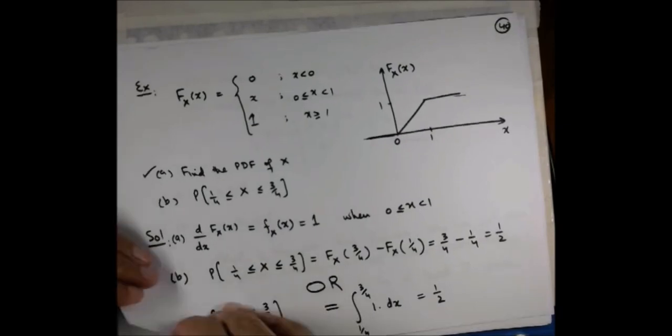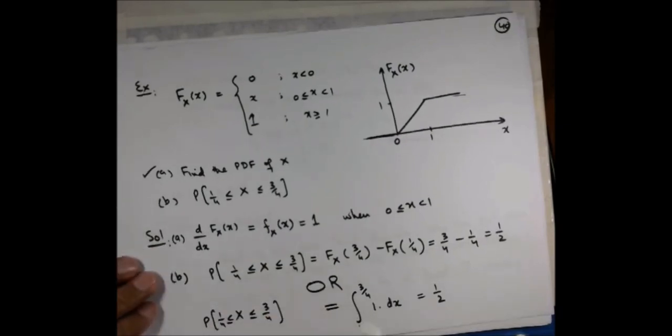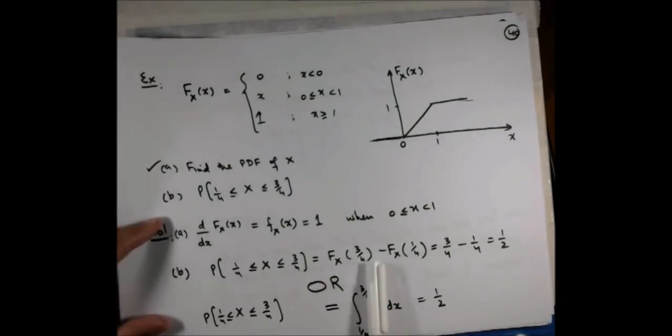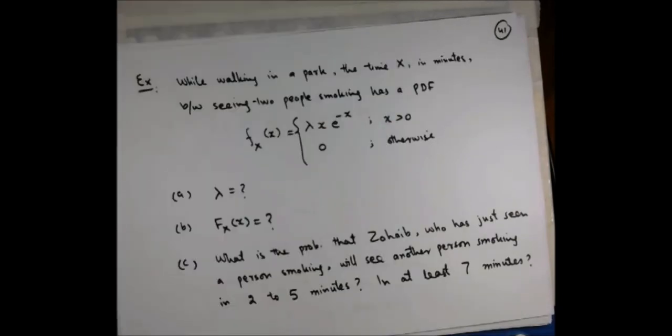In this particular fashion, you find the meaningful probability. Then we solved a quick example which related the CDF and PDF, and then we found the probability of an interval using the CDF as well as the PDF.